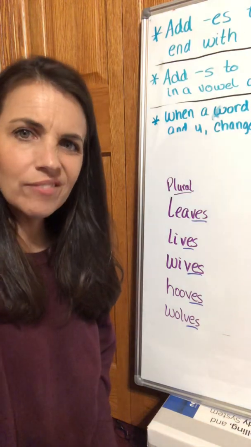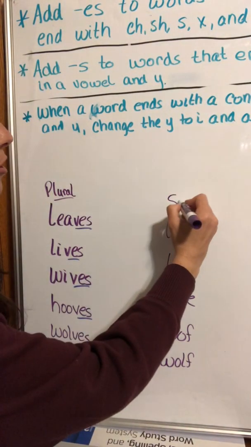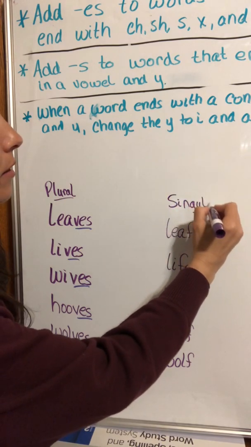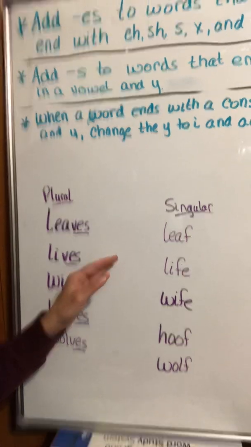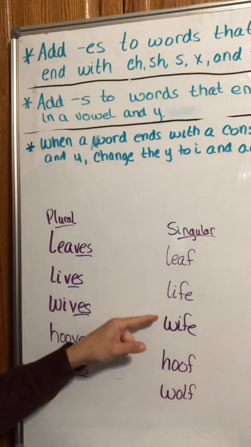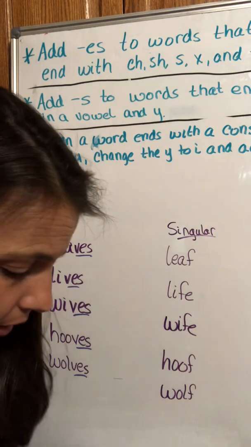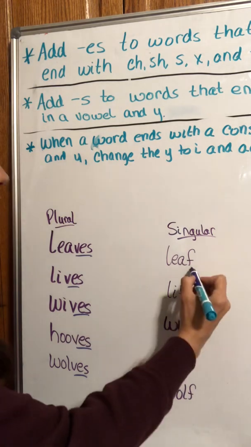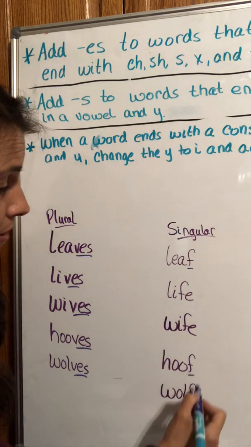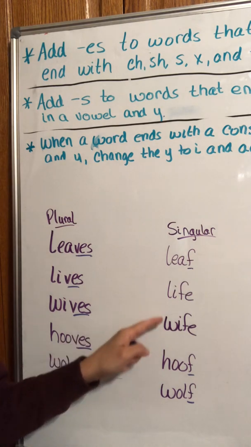Now, do they all have the same thing at the end of the words? If I look at the singular, remember, these are singular, meaning we're talking about one: leaf, life, wife, hoof, and wolf. Well, I'm sure some of you say they end in F. True, this one ends in F, and that one ends in F. But look at life and wife.